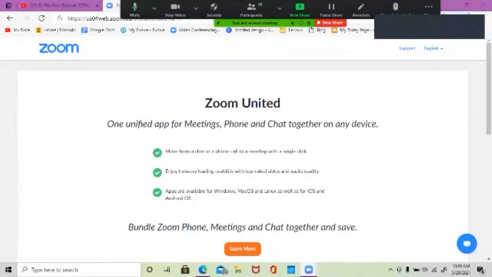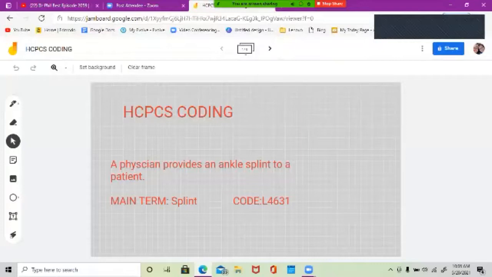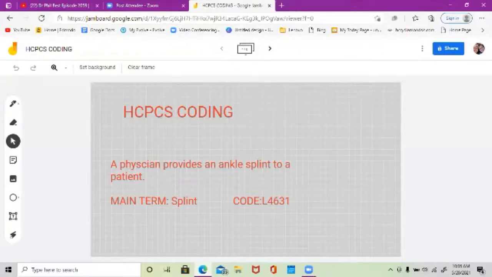So we're going to be using our Jamboard again. We're going to talk about HCPCS coding. This first scenario I answered for us because I want you to remember that sometimes we have to think outside the box. If we pick the wrong key term to look up, it's okay. If we can't find it, we just pick another term because sometimes we don't pick the right words.